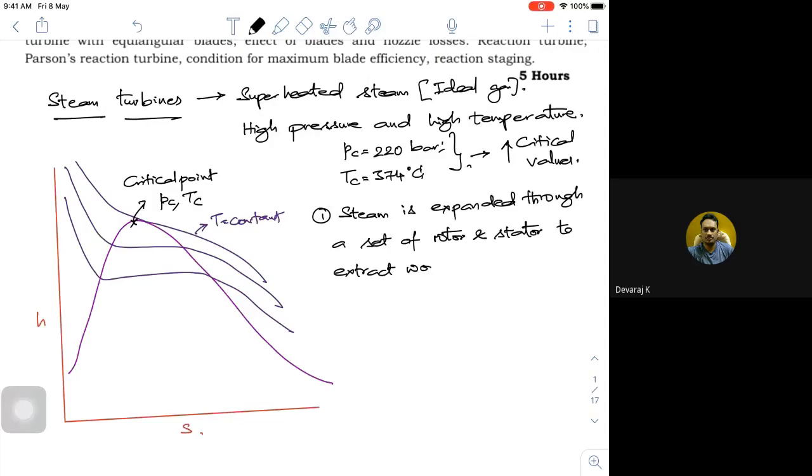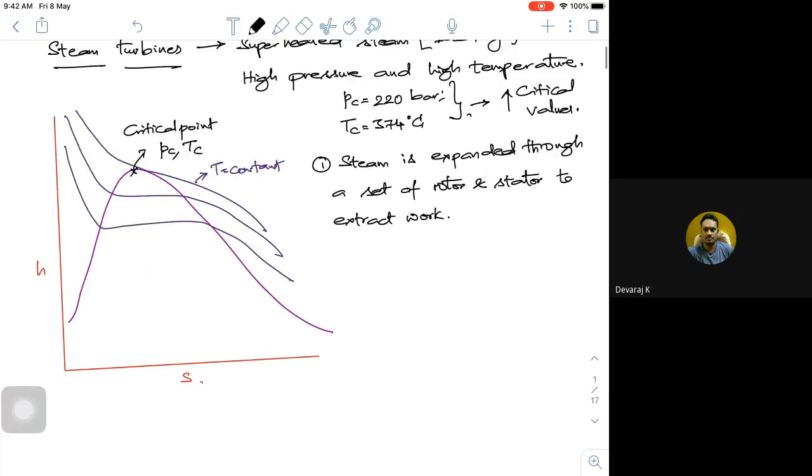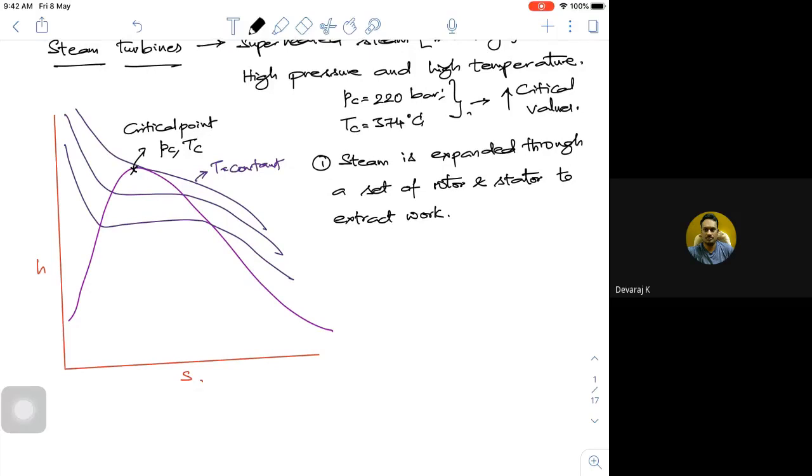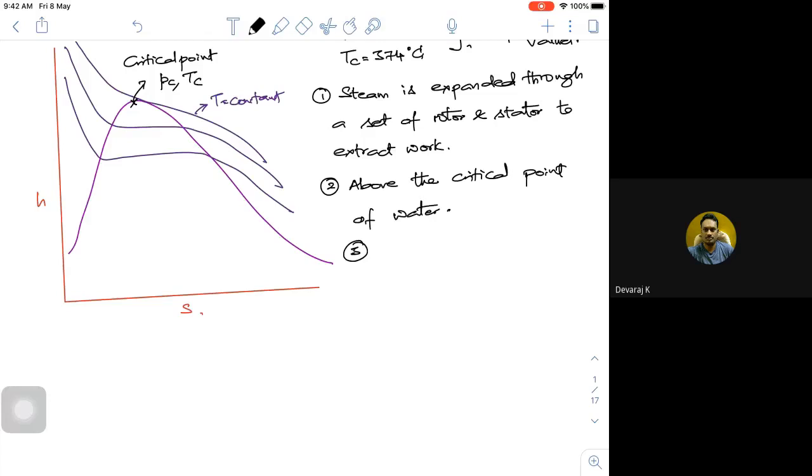work. Okay, and they are all operating above the critical point of your working substance, that is, the pure substance we are taking, water. And as I told you, leakage of steam is very, very critical. It's a very, very critical situation.